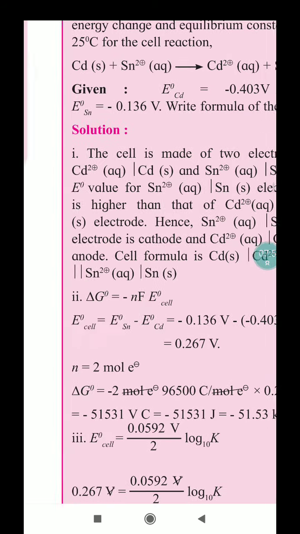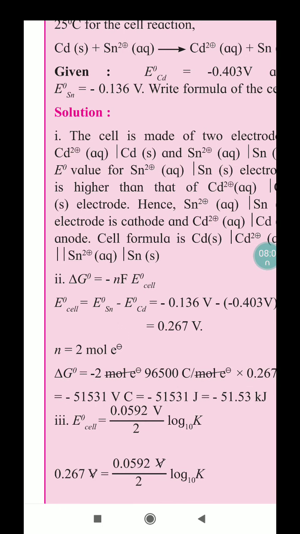Okay, so first ΔG is equal to minus nFE0. Now EMF of the cell is equal to the standard reduction potential of Sn minus the standard reduction potential of Cd, that is, cathode minus anode.